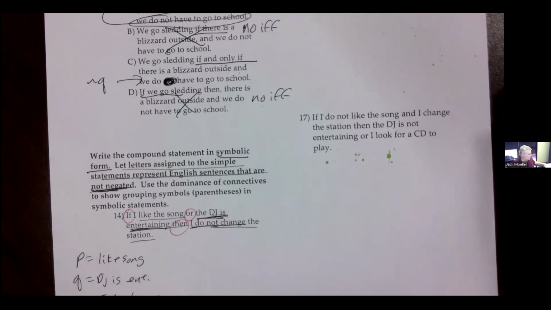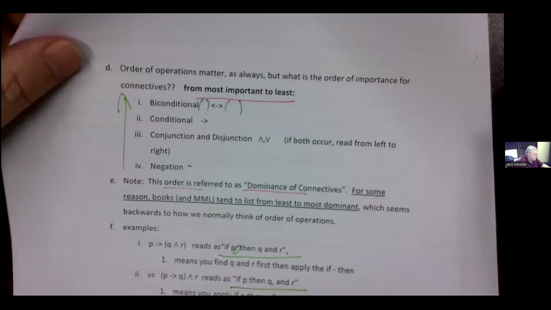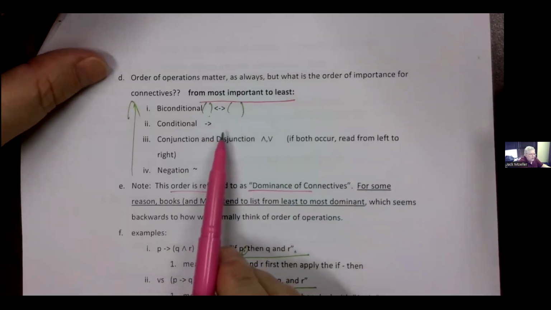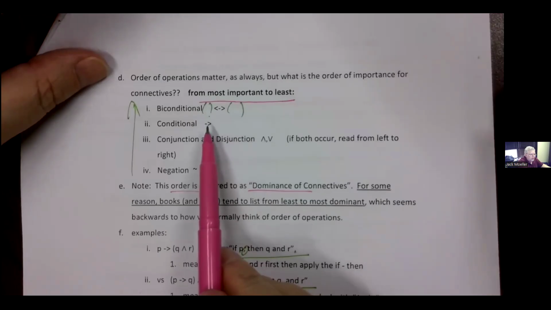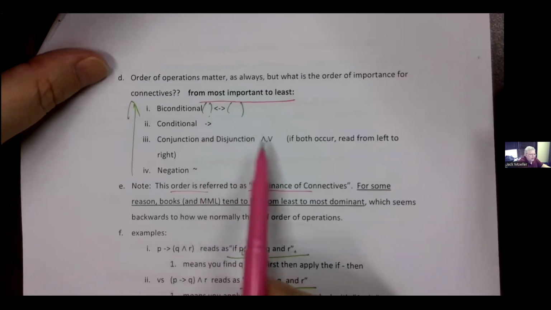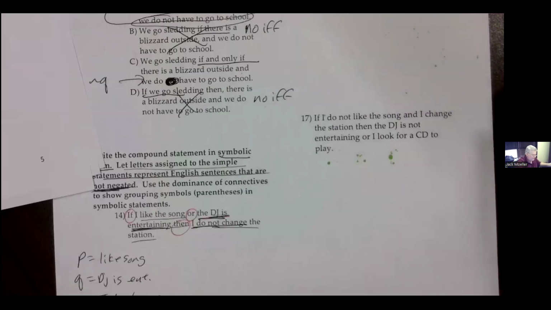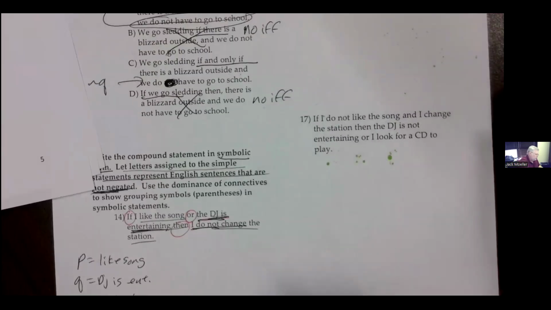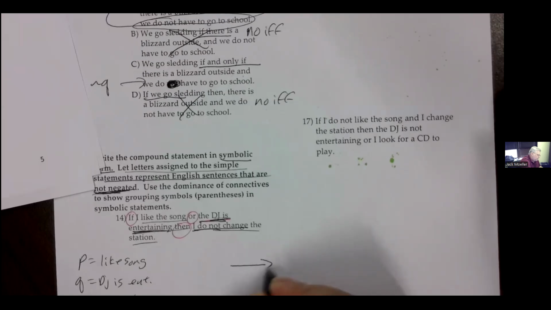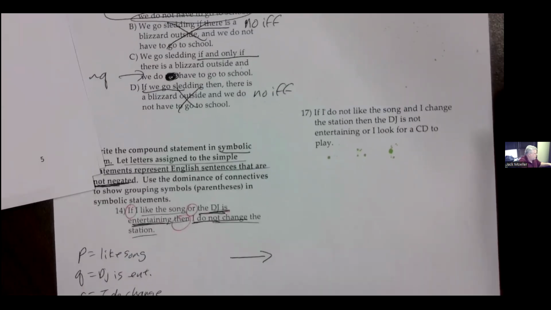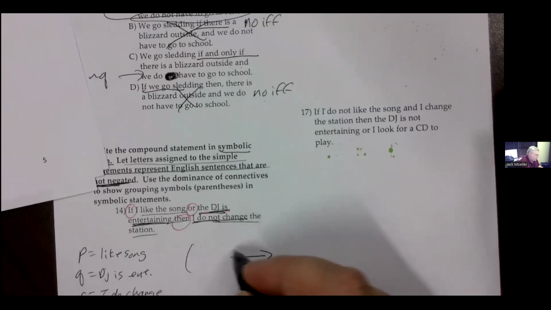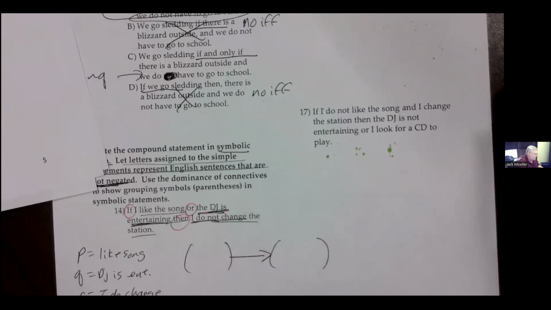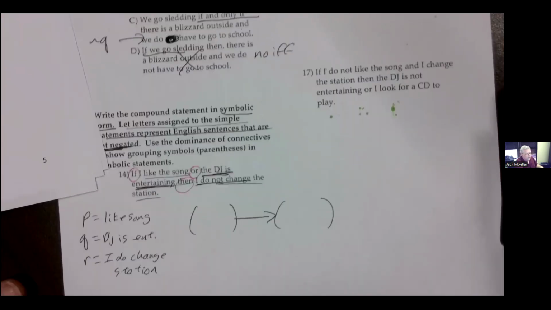Going back to this, which one is the higher priority? The conditional is a higher priority than the or. So we need an if-then, so do your arrow. And since that's the higher priority than the or, the parentheses go around everything in front of and after the if-then.